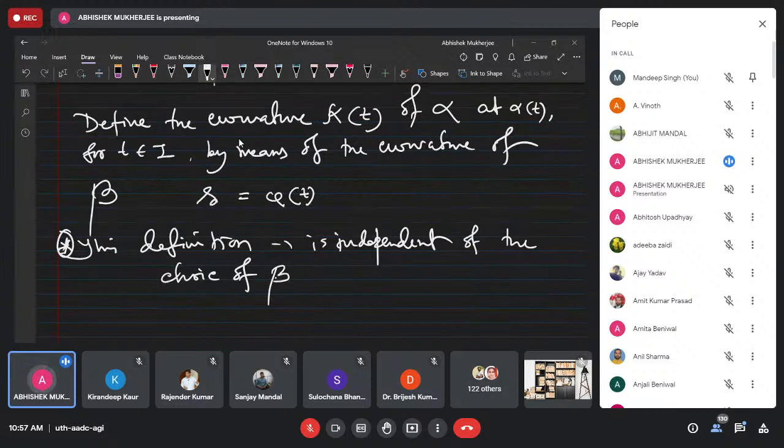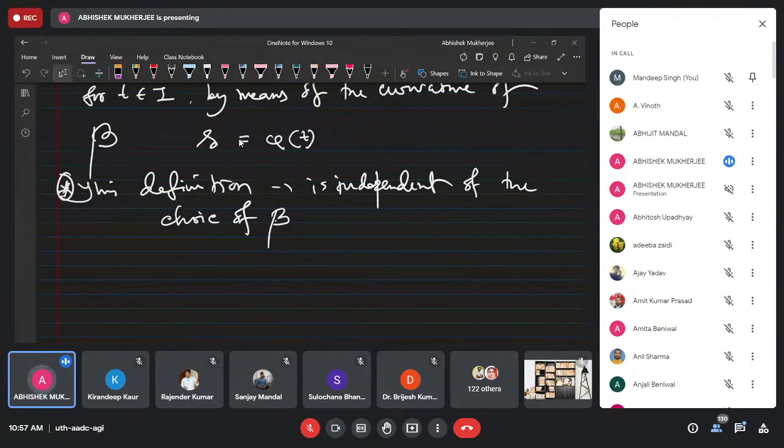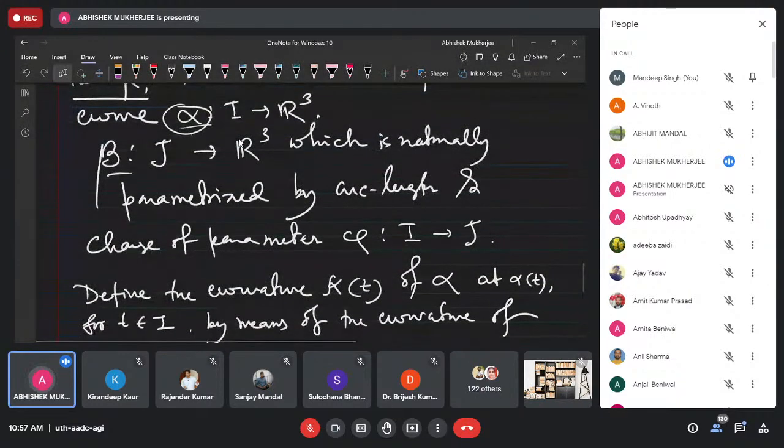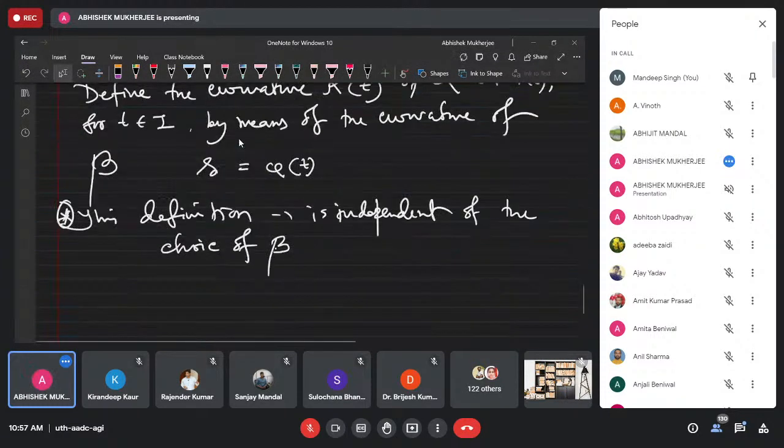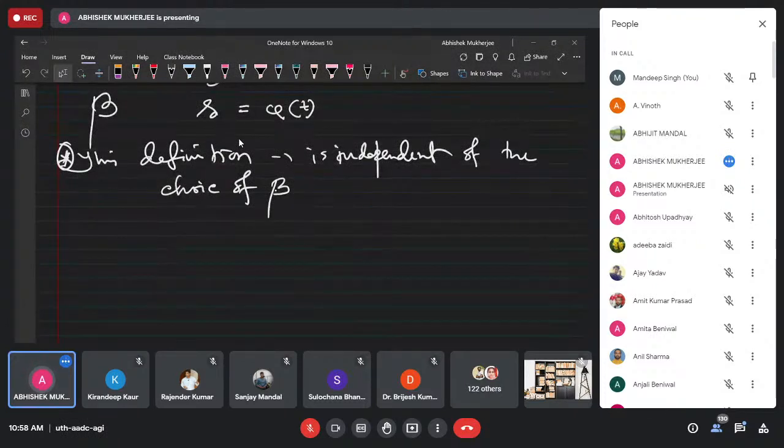And this shows that considering only naturally parameterized curves would not be essential in this context. So we would like to get some kind of formula which will help us to determine curvature for any regular parameterized curve having arbitrary parameter.